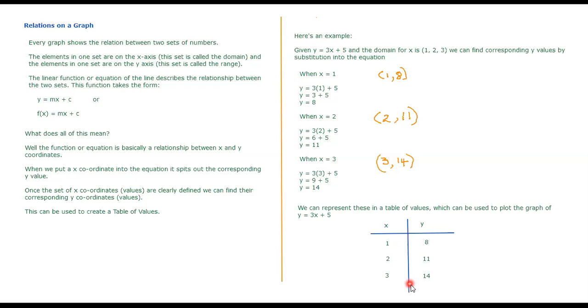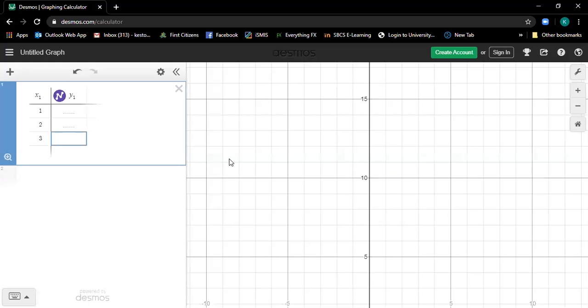And what do I do with the table of values? Well, I'm going to go across to my graphing app, my graphing tool. When x was 1, y was 8. So you see a point appears on my graph there.